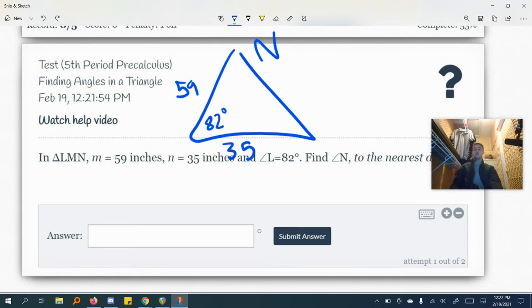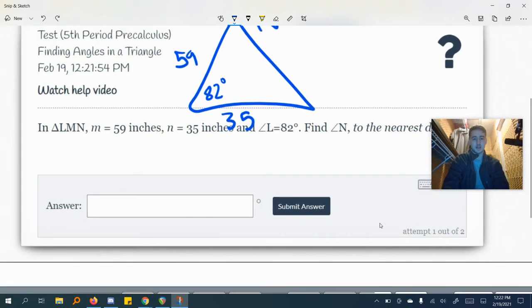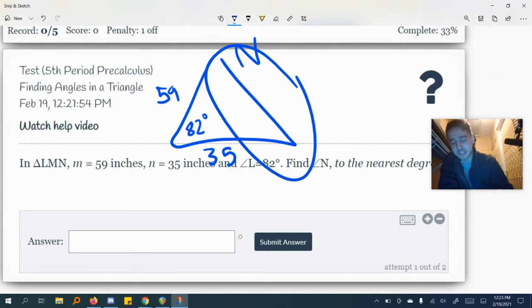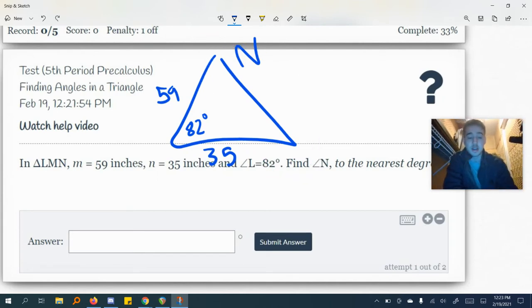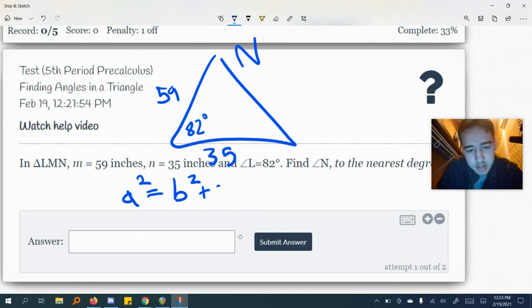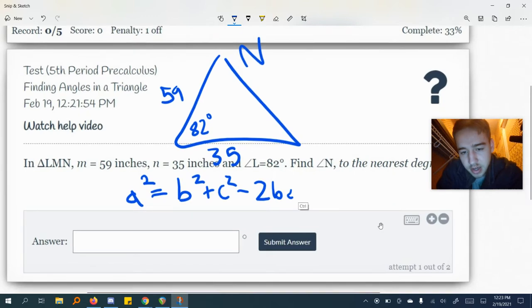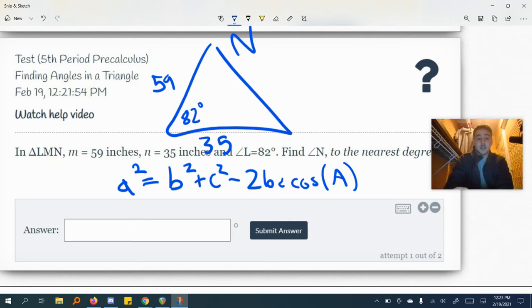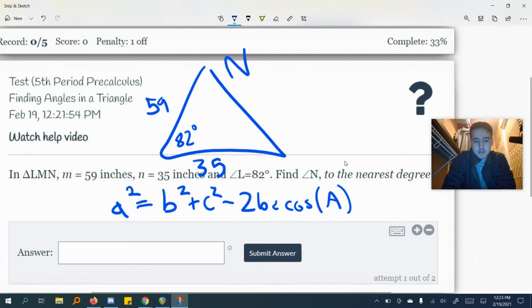So what we want to do with this information is first go ahead and use law of cosines to find this side. And I believe that means a squared equals b squared plus c squared minus 2bc cosine A. And we actually know all of these things.